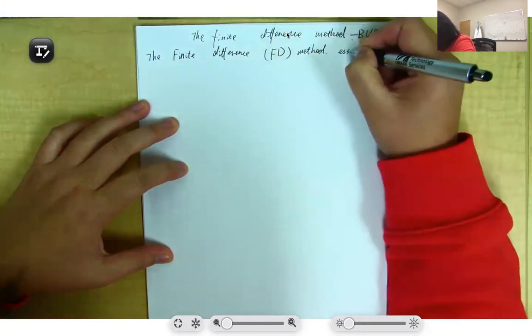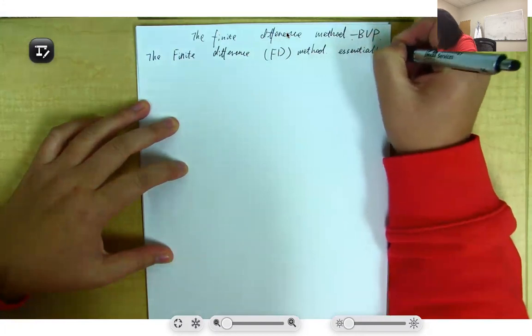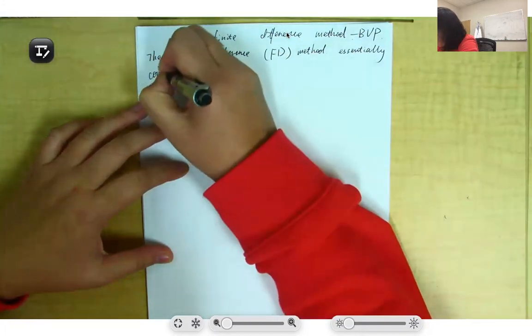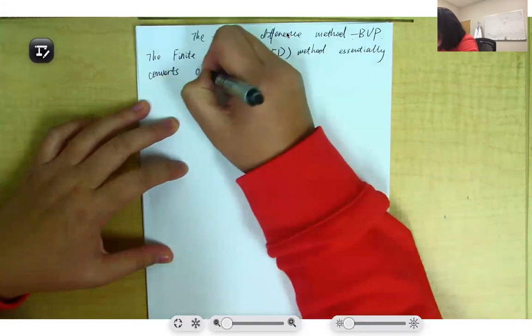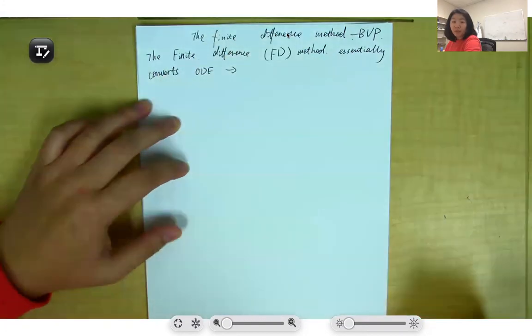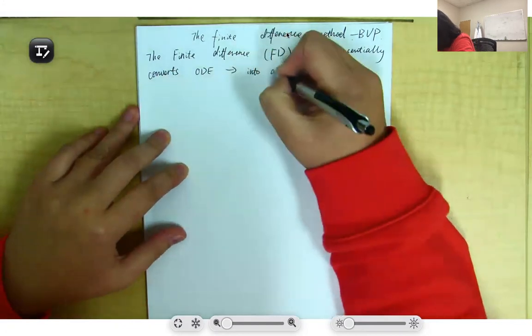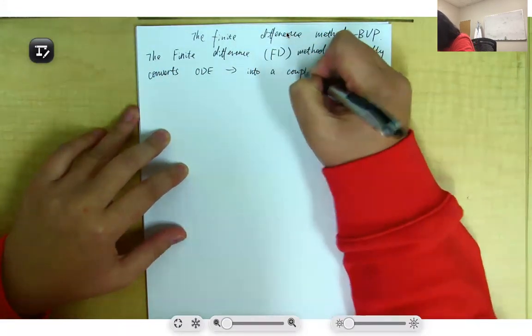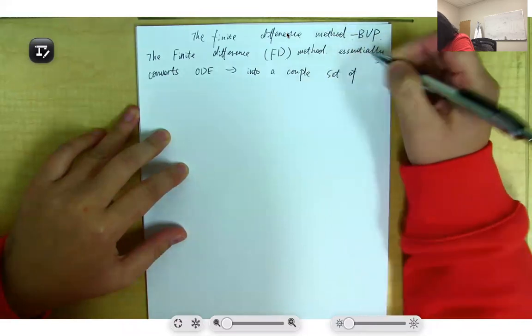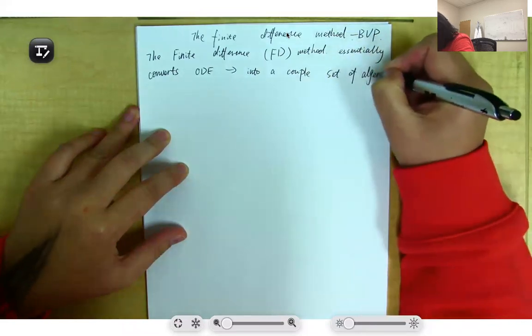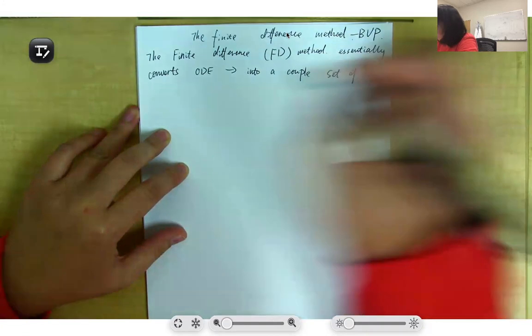Essentially, it converts the ODE into a number of linear algebra equations, a coupled set of algebra equations.